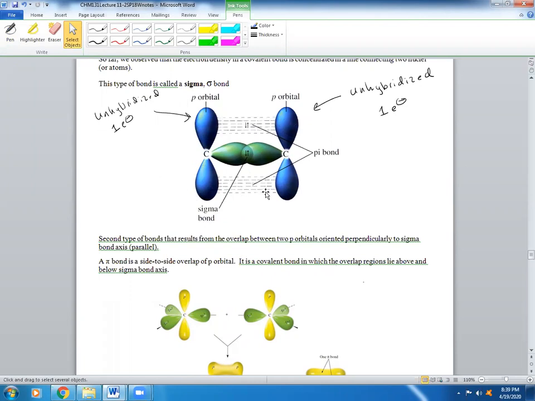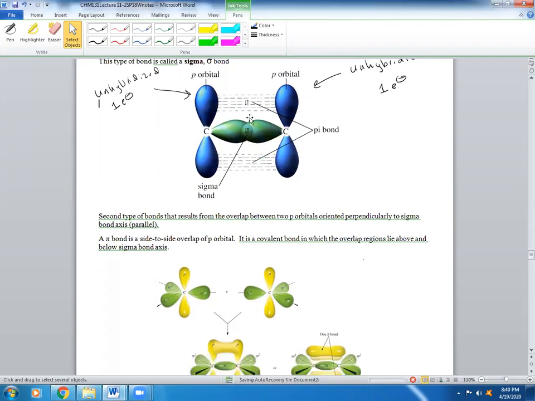You can think of this as this mushy, fuzzy electron density that is going above and below. It's not just above at one time and below at, let's say, another time. It is both above and below. Remember, we don't know. That's the whole point of the uncertainty principle.